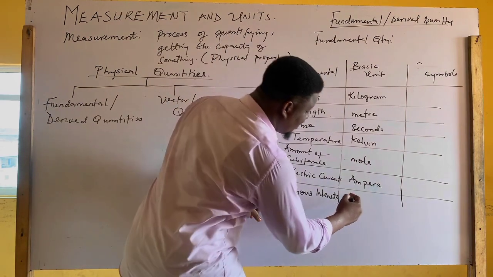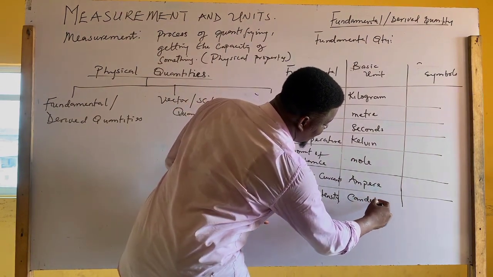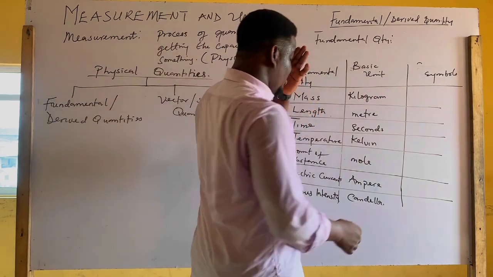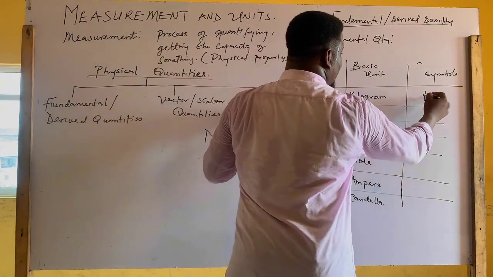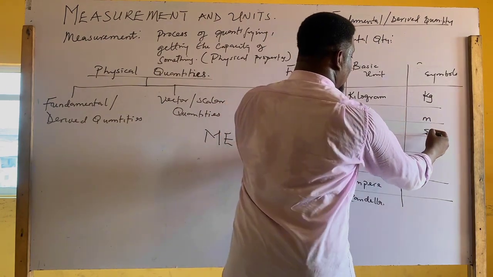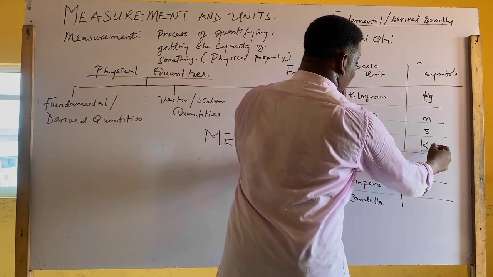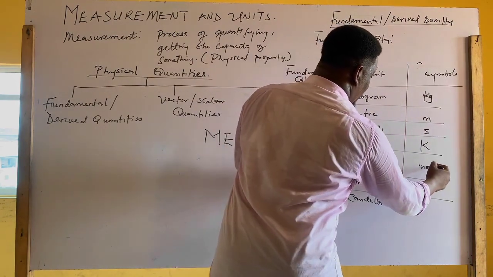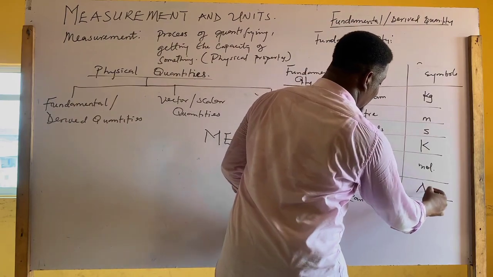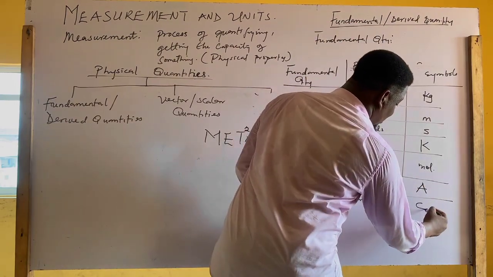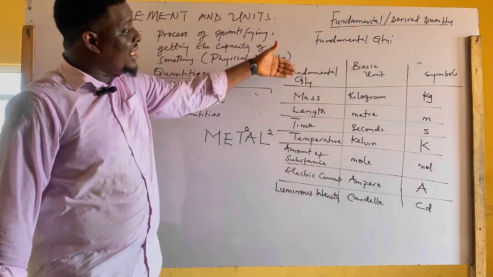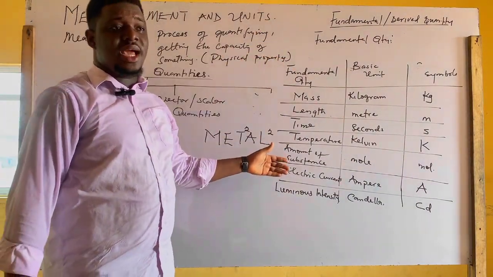And luminous intensity is candela. Now we look at the symbols: kilogram, kg; meters, m; seconds, s; Kelvin, K; mole, mol; ampere, capital letter A; and candela, cd. So these are the fundamental quantities that we have.